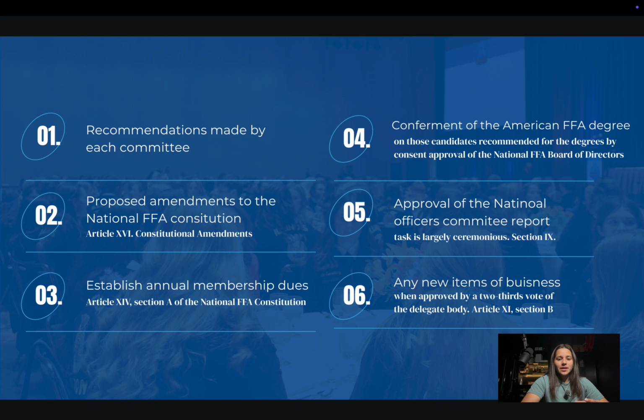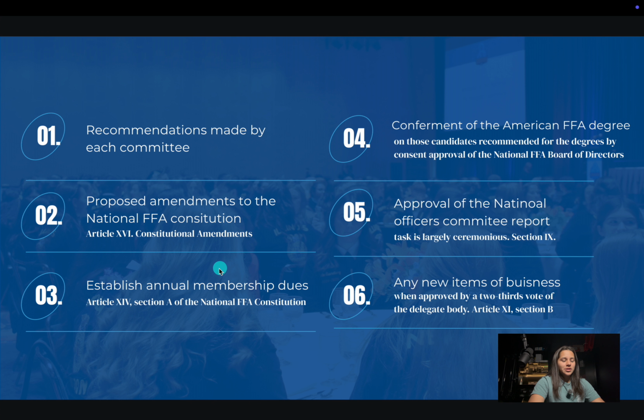But the delegate body has to approve this amendment before it can be implemented. So that's another big, huge role that the delegates play. Again, student voice from all 52 associations.